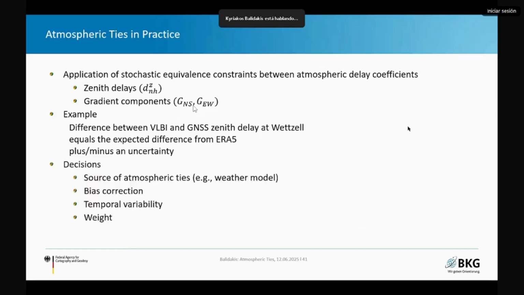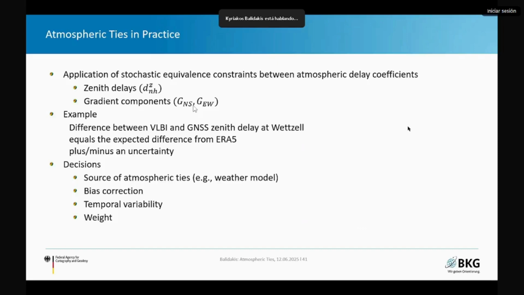So when we apply atmospheric ties, we need to make some decisions. So first of all, where do we get our atmospheric ties? Do we take them from a numerical weather model? Which one? Then second is, do we apply bias correction? Some GNSS stations are equipped with a protective dome, a radome, and it causes a bias in the delays. So do we empirically remove this?